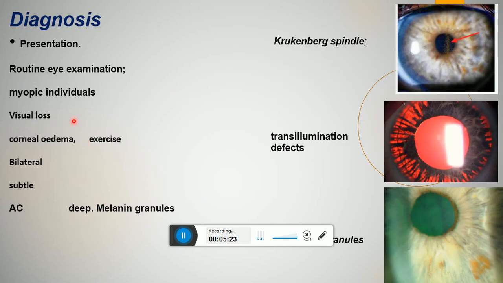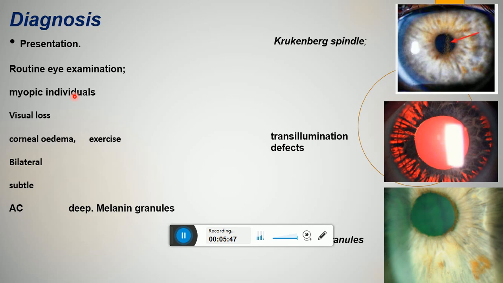Diagnosis: first of all, presentation. Pigment dispersion syndrome and pigmentary glaucoma are typically detected at a routine eye examination. The myopic individuals who tend to develop the condition are likely to be under regular optometric review.